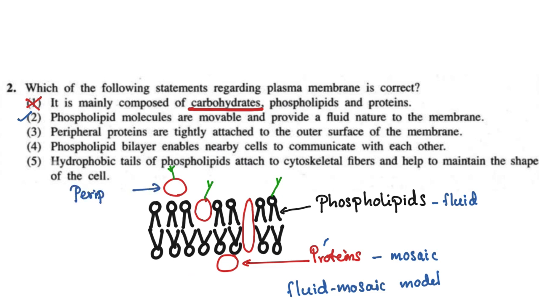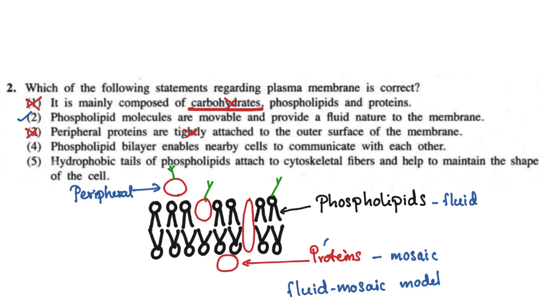They are loosely bound or temporarily bound to the surface of the membrane. They are not tightly attached to the outer surface of the membrane. So option 3 is also incorrect.